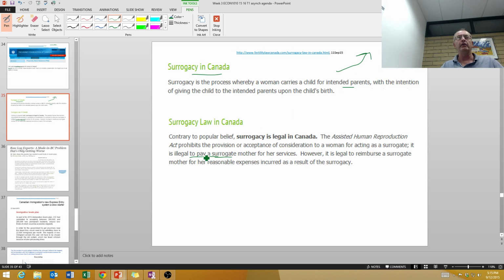Anyway, you cannot hire somebody to bear a child for you in Canada. However, you are legally capable of reimbursing the surrogate mother for her so-called reasonable expenses, but you can't pay somebody. So there's obviously a legal difference between reimbursement and paying.